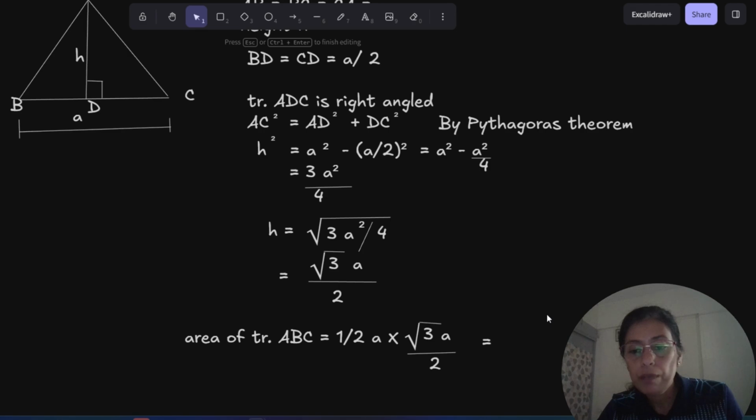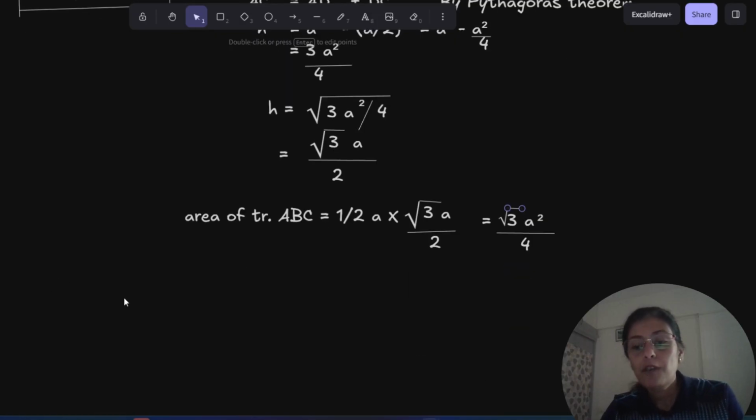So if you multiply it, it is going to come as under root of 3 A square upon 4. This is the area that we got for this equilateral triangle by following our formula of half of base into height.